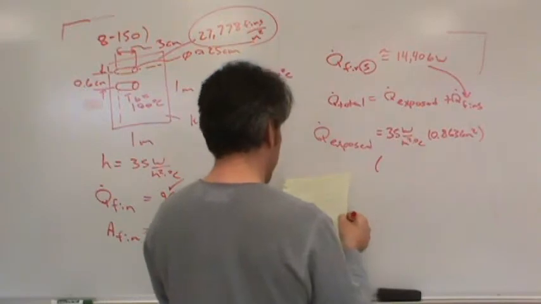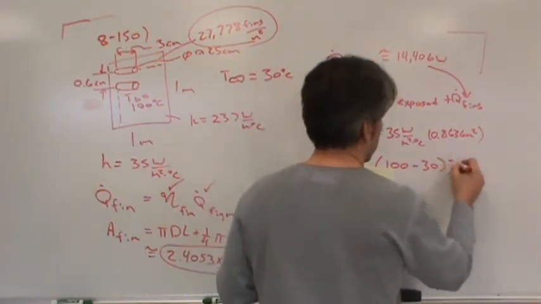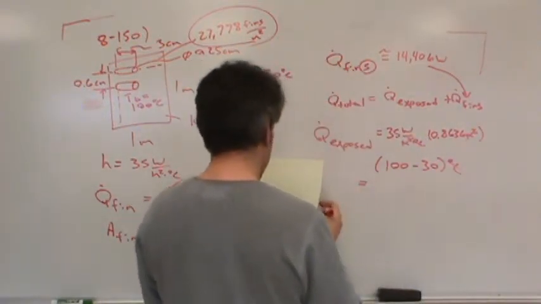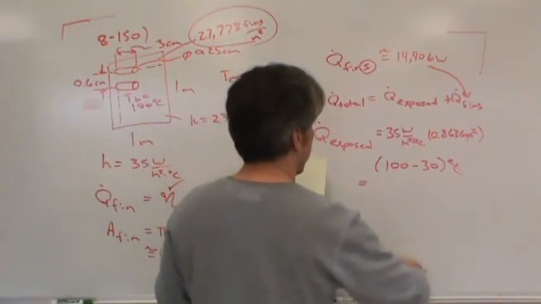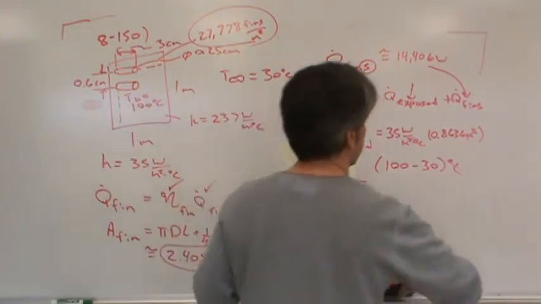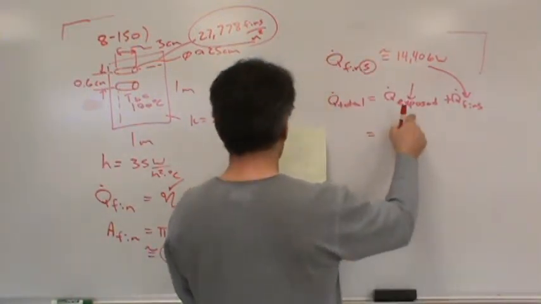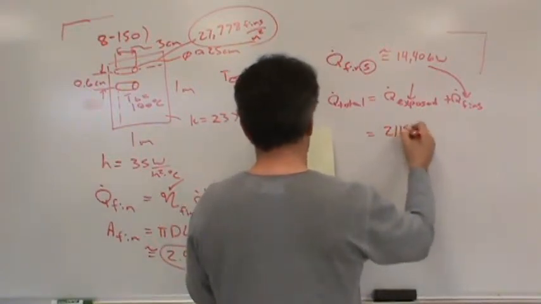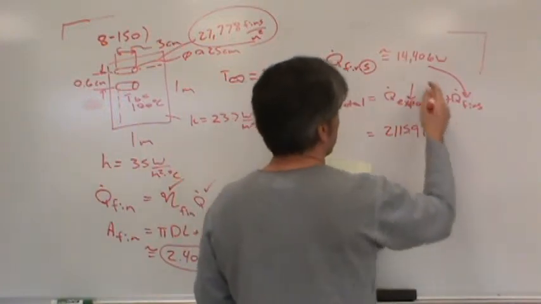But then the base temperature is 100, the fluid temperature is 30, this is degrees Celsius. Again, we just get watts. Anyway, that number comes out, let me just write the result. It was 2,115.9 watts. So then plus the heat transfer rate from the fins.